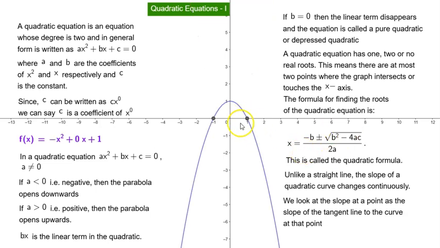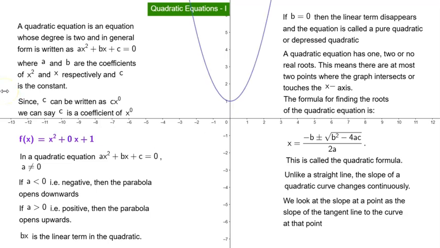Now this formula will give us 2 values of x where it intersects the x-axis. When a is equal to 1 and c is equal to 0, then the quadratic formula will give us plus or minus 0, plus 0 or minus 0, which points to the same point.